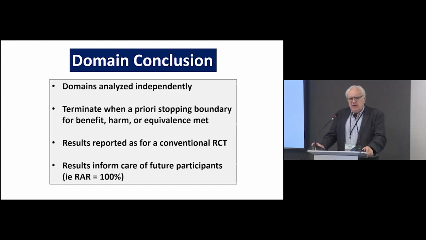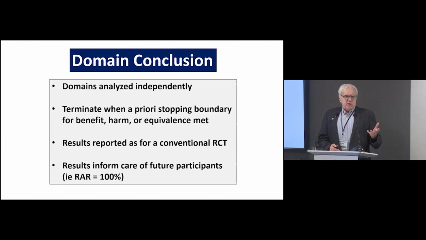As I mentioned, in a platform trial, you have multiple domains. They're analyzed independently. You stop when you've met an a priori boundary for benefit, harm, or equivalence, and then you simply report those as you would for any randomized controlled trial. And potentially you can use those results in treating subsequent patients who are recruited to the trial.